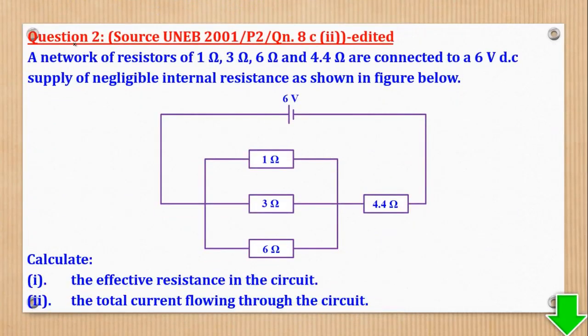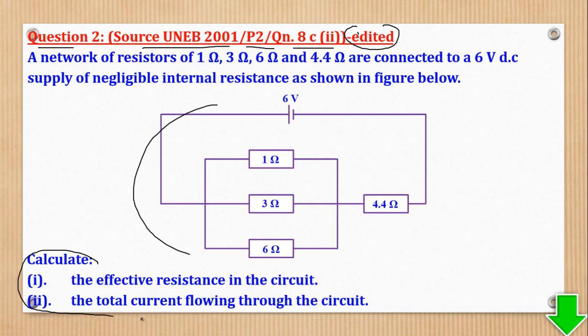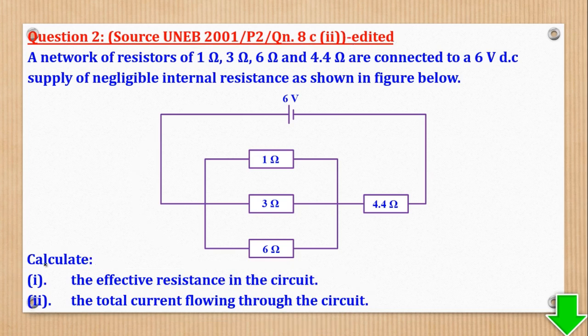That was question 1. Then question 2 came from UNEB 2001, paper 2, question 8C, Roman 2, edited. This word edited means the circuit is the same, but the writings have been modified to suit what we have so far covered.